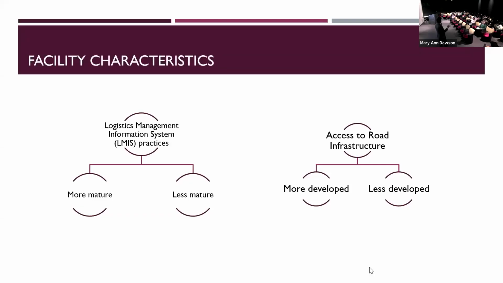Okay, so when we think of facilities, this is where we get into the details of how we look at them. We want to look at what facilities do along two important dimensions. The first is what we call Logistics Management Information System, or LMIS, practices. This is a terminology that is frequently used in the public health literature. LMIS is basically the system that is used to track and keep record of inventory within the supply chain.